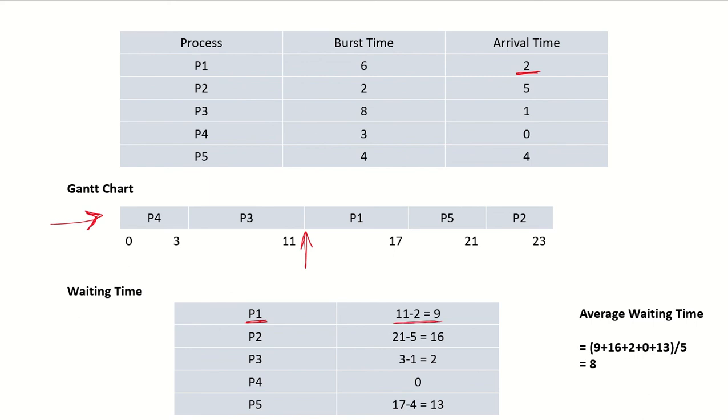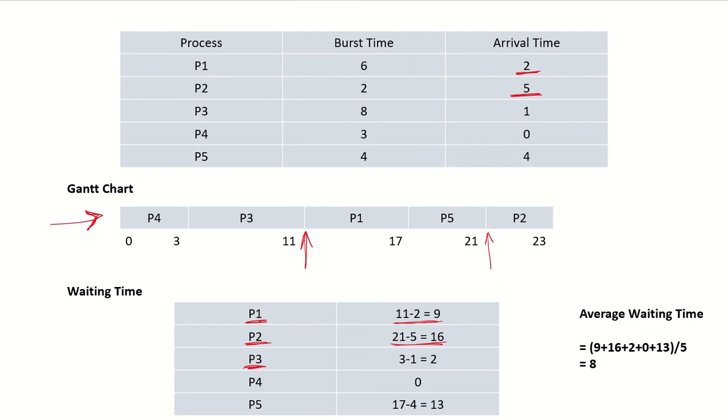So its wait time was 11 minus 2, which is 9 time units. P2 got the CPU at time 21 and it had arrived in the system at time 5. So its waiting time is 21 minus 5, 16. From 5 to 21, it was waiting in the ready queue.